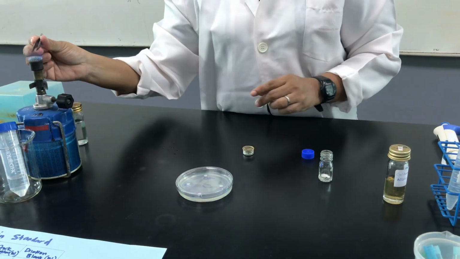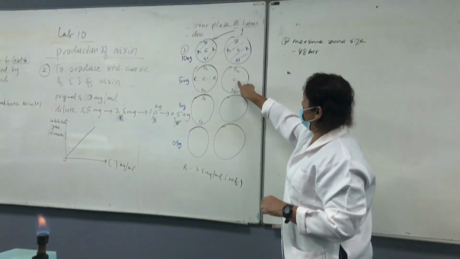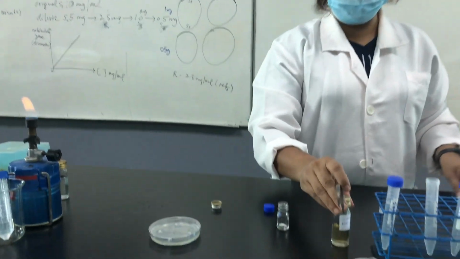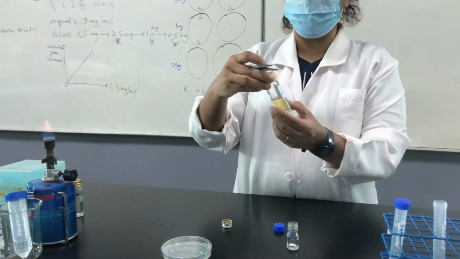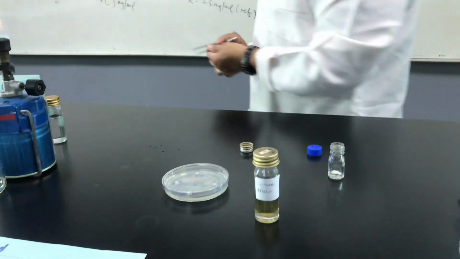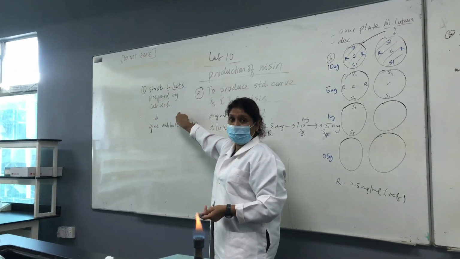Okay, and now the center one, which is this one, the C, it's all going to be placed in the center. But for the C, we are going to use our culture Nisin. This is our culture Nisin, which we produce down here. It's referring to this process, okay.